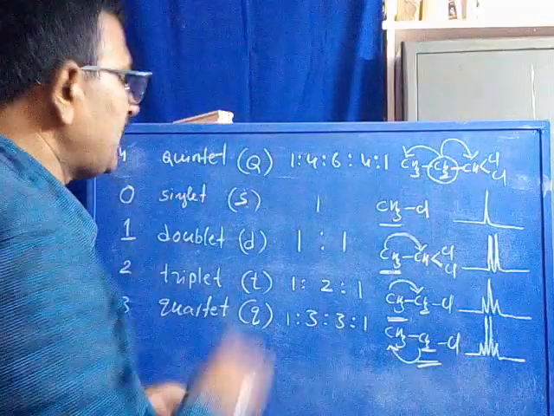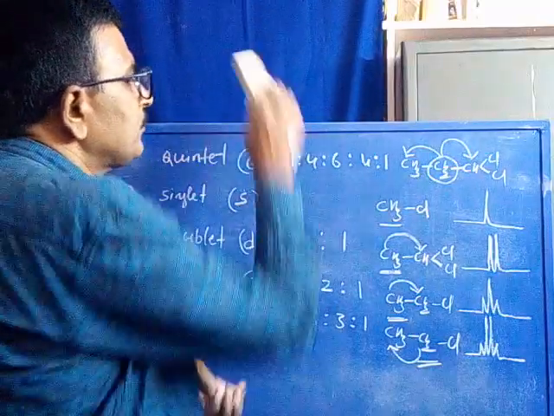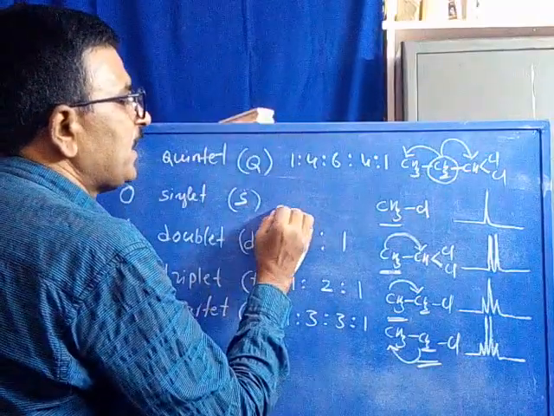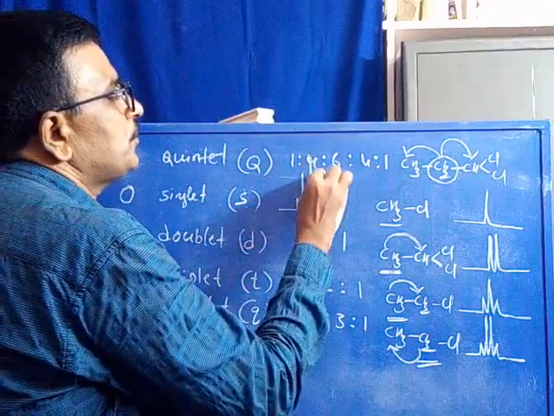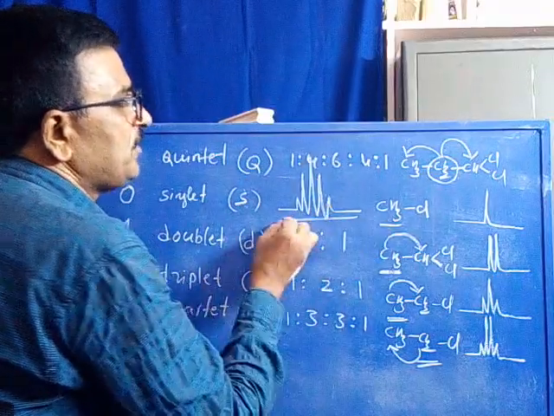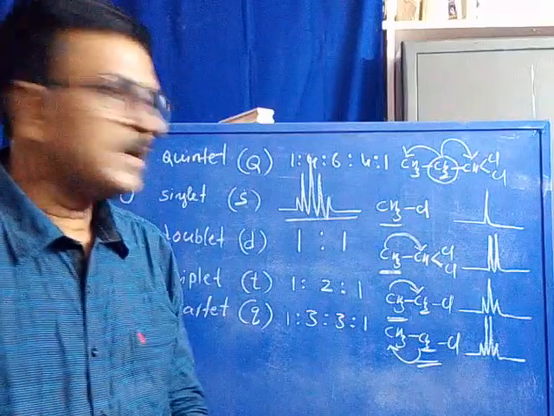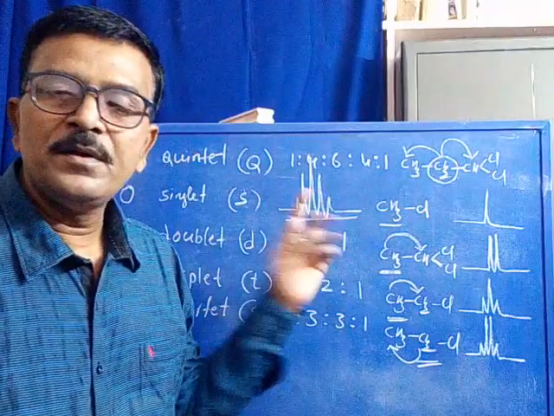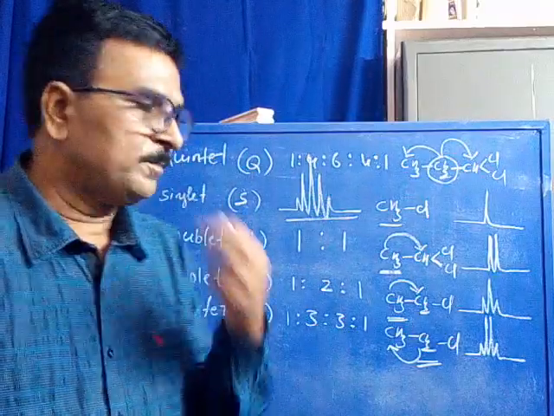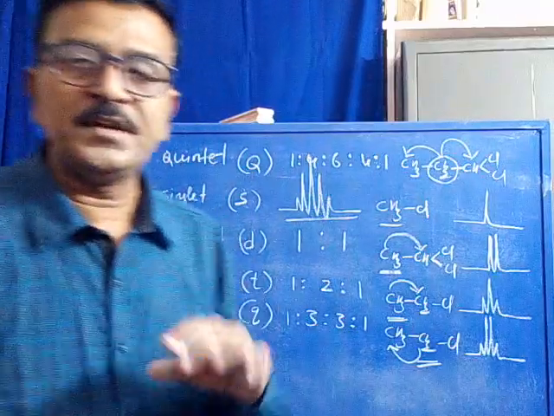A signal can be represented as 1:4:6:4:1. Is it clear? Now, this is for 4 adjacent protons.